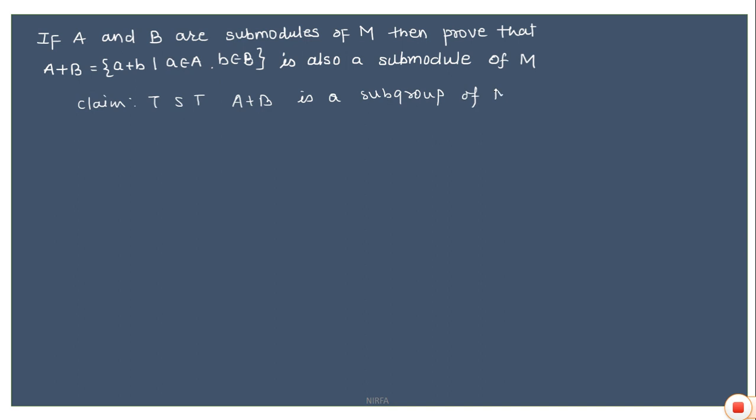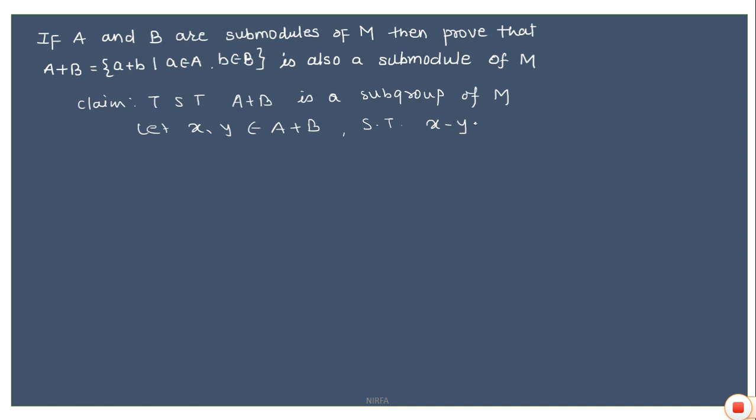We know from group theory that to show a subgroup we need two conditions: one is the closure property and another is the inverse law. But here I am combining both conditions. Therefore, I am considering two elements, let x and y belong to A plus B, and we have to show that x minus y belongs to A plus B. If we had taken the plus sign here, it would only be the closure property, but we want to show simultaneously the inverse law.